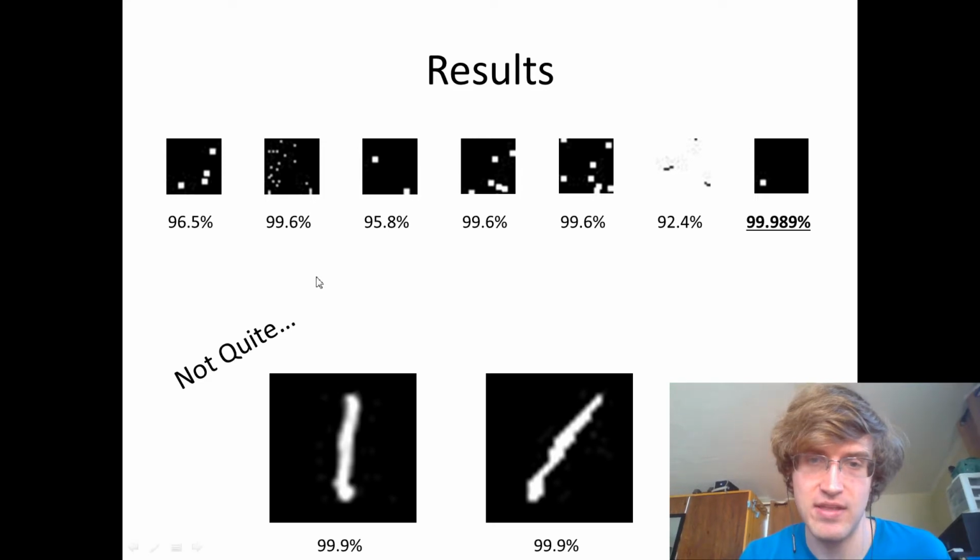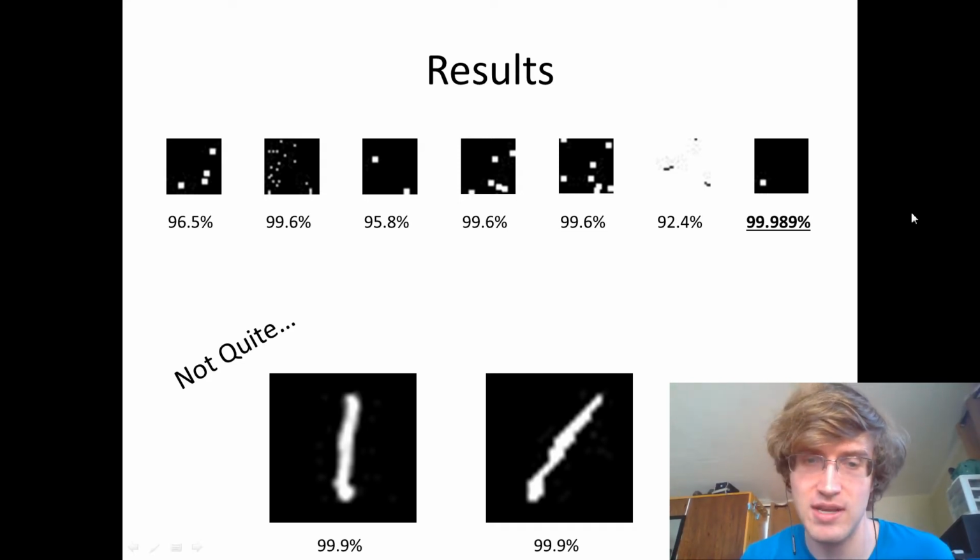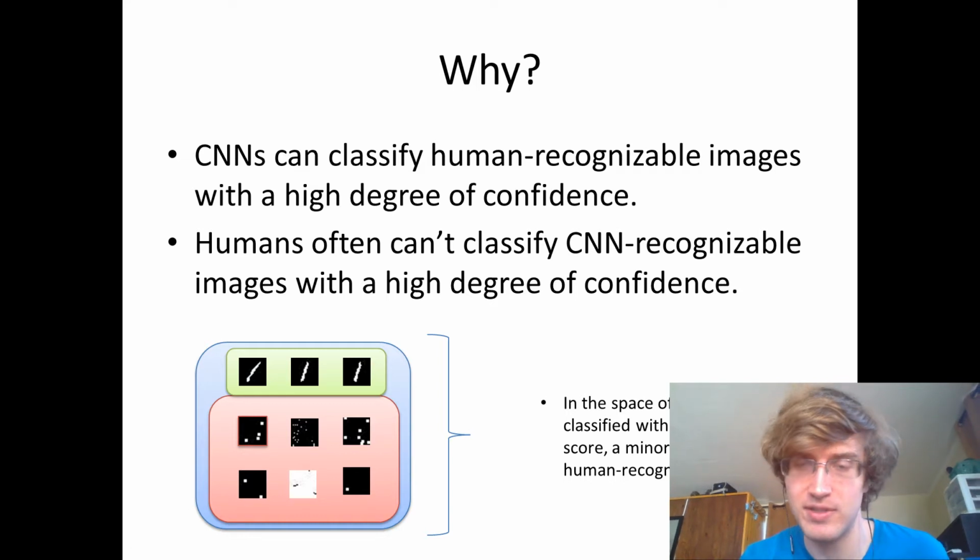And as you can see, the scores up here are nearly as high a lot of the times, but it just looks like junk. It looks like noise. Look at this one all the way on the right, 99.989% softmax score. So it's very confident that this is an image of a 1, and it's just a little white dot on a black background. So that's pretty goofy.